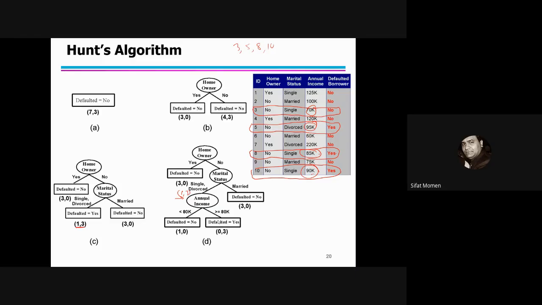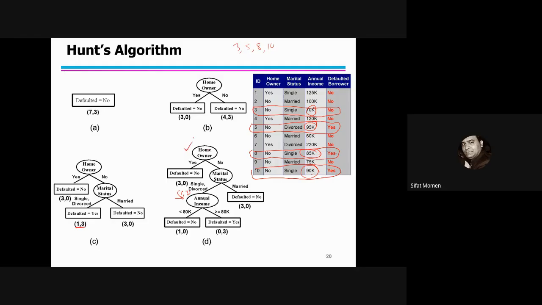Now, I know there are a lot of questions that can arise in your mind. Let me point out some of them, and if you have any other question, feel free to add it after I've said that. The first question: how did the algorithm decide which attribute to choose first?